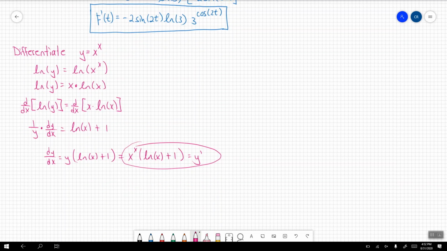So this process is called logarithmic differentiation.